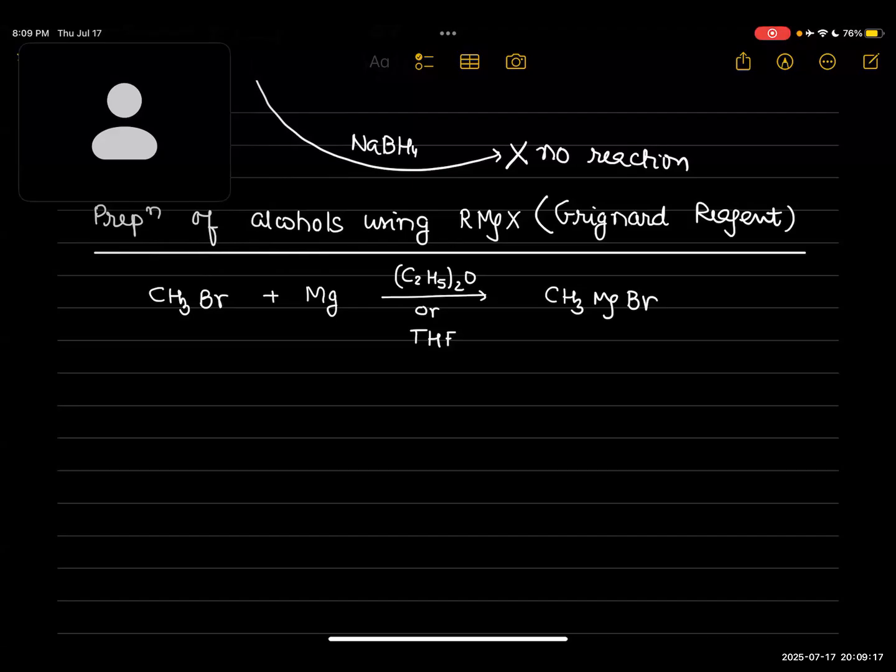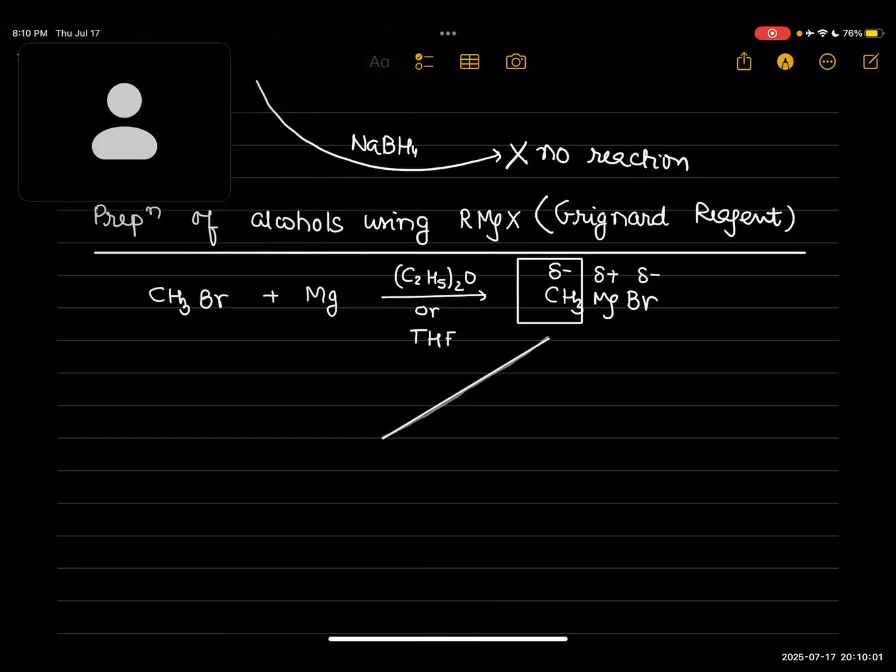Normally it is +2, but it is actually a bit covalent, so this is positive charge because it is a metal. Okay, this is negative, and carbon is negative. So if you have a Grignard reagent, consider the negative charge on carbon. This is the main thing which is important for us to understand. Is it clear or not? Consider the negative charge on C. Got it? All your problems will be solved.